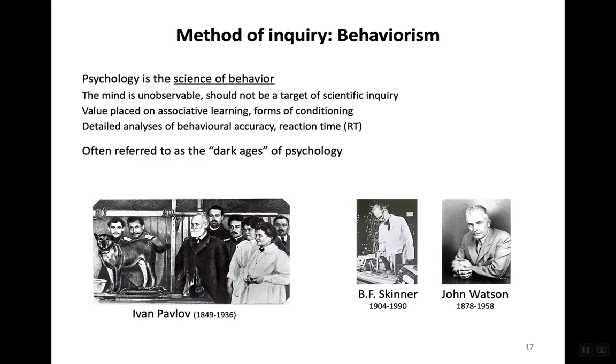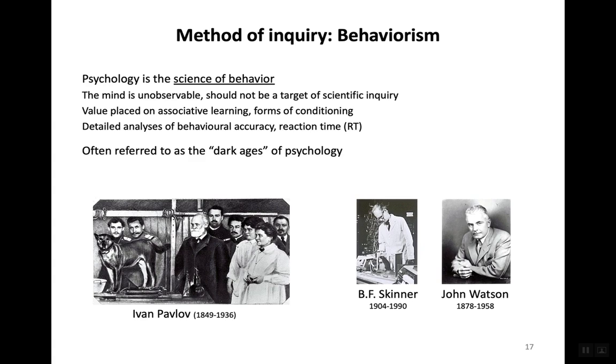Yet at the same time, behaviorism is often referred to as the dark ages of psychology. And that is because it turned away from the mind. It disparaged the mind as a field of study because presumably it is unobservable.